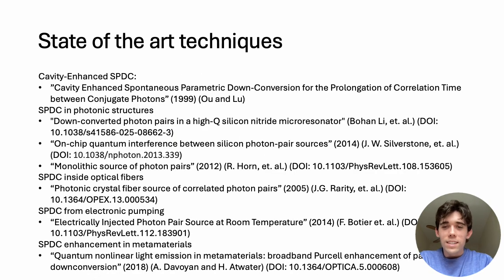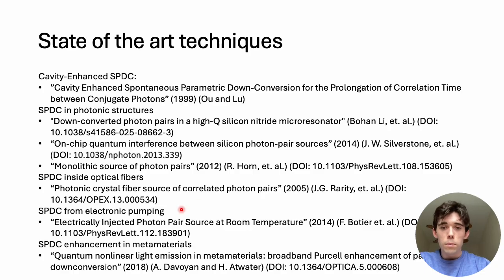So before moving on to the state-of-the-art techniques, I want to mention one historical application, which is that SPDC was the first way that people were able to generate entangled photon pairs and test Bell's inequalities. So historically, this effect also played a role in testing the foundations of quantum mechanics. But today, I think a lot of the current research is aimed at increasing the strength of this effect.